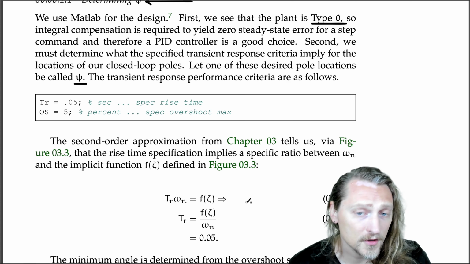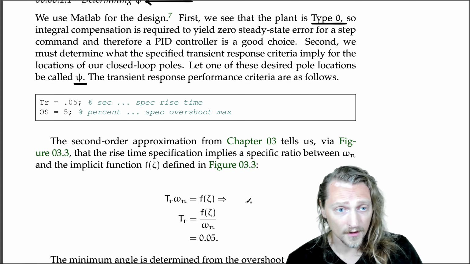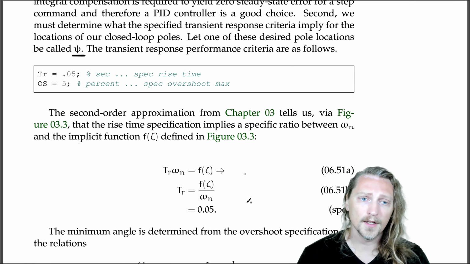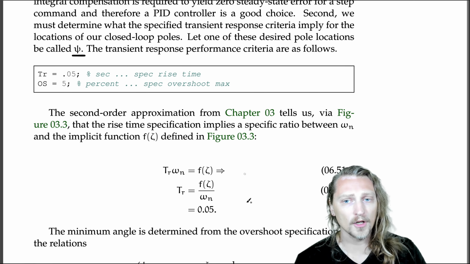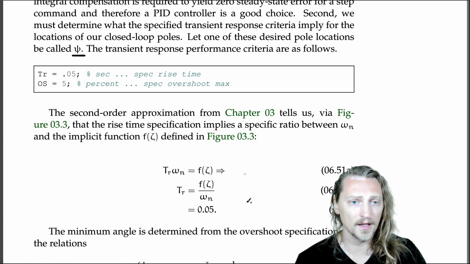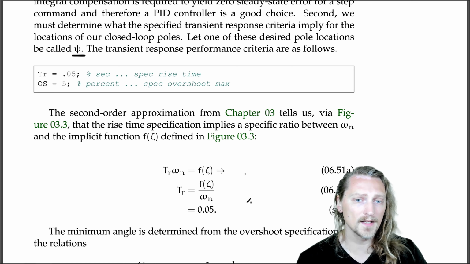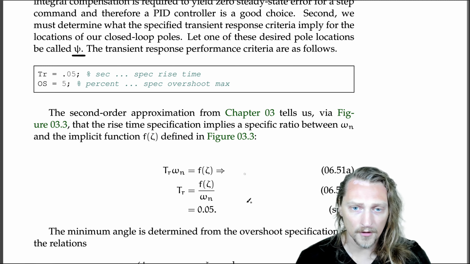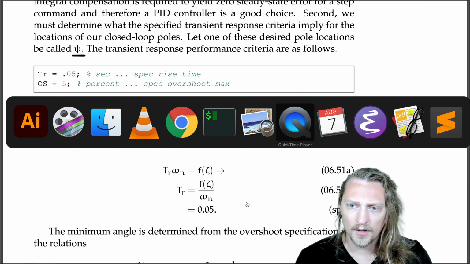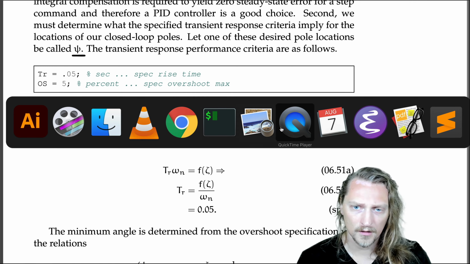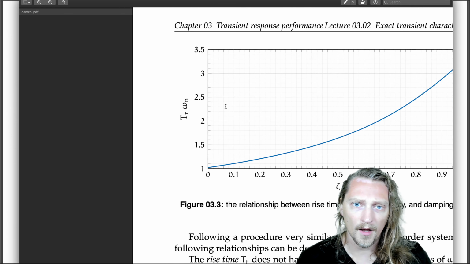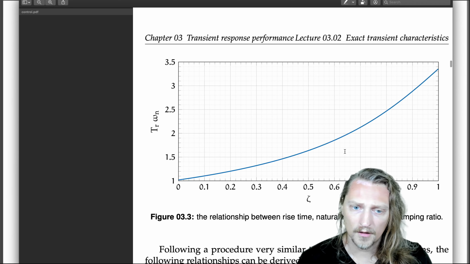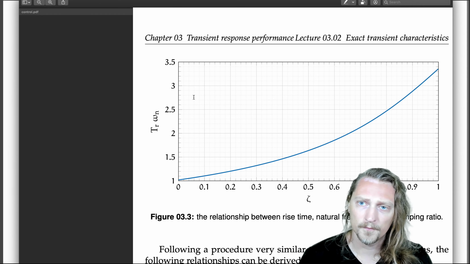The second order approximation from chapter 3 tells us via figure 3.3 that the rise time specification implies a specific ratio between natural frequency and the implicit function f of zeta defined in figure 3.3. So if we look at the textbook, we have here the figure 3.3 in chapter 3.